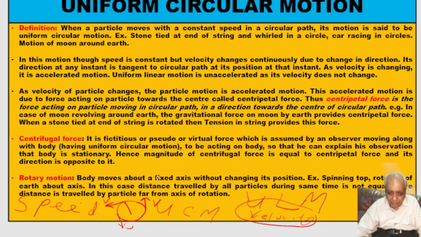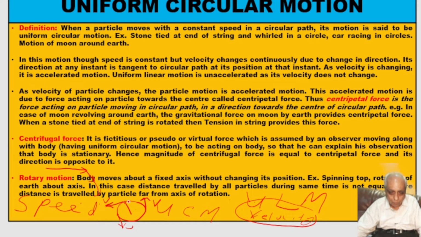Now you see, a body is moving in a straight line with constant velocity. So no force is acting because velocity is not changing. Now if at this point I want to change the direction, suppose I want to move the body down, I will have to give a force down, then only the body will come down. Now I want to move the body further down, I will have to give further force down. So I have to give the force, then only the direction will change.